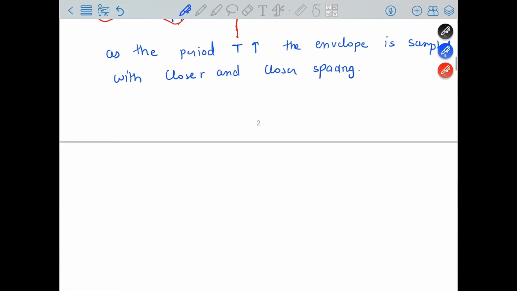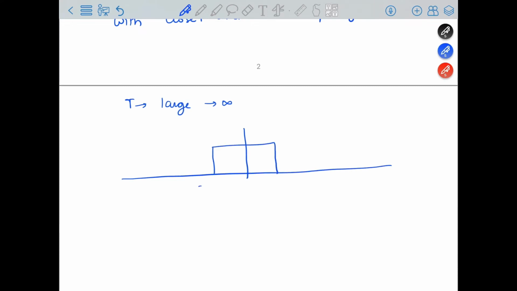And if we make the value of T very large, or we can say it will tend to infinity, what will happen? The signal will become an aperiodic signal. It will be only a rectangular pulse, and as the period is now infinite, analytically it will repeat itself after a period of infinity, but that is irrelevant.